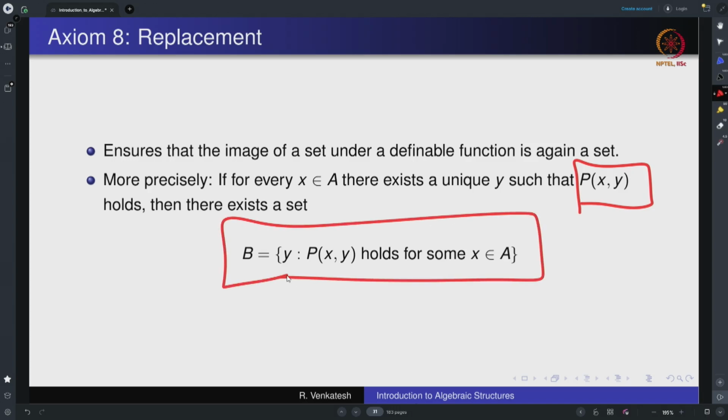That is what it guarantees. We will see various examples of such properties P of x y later. We will define functions rigorously, and then it will be clear what we are talking about in this P of x y.